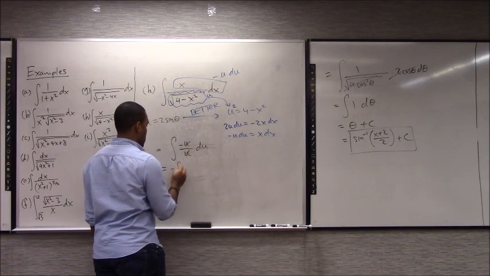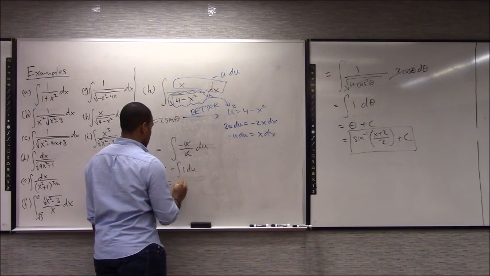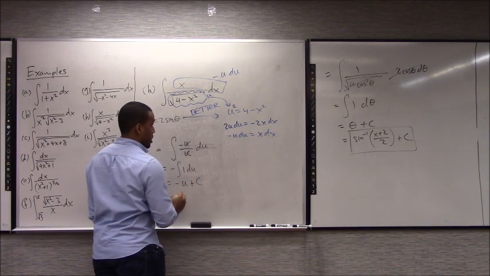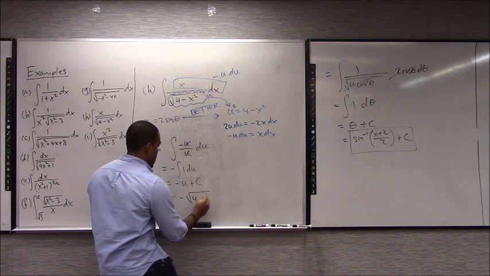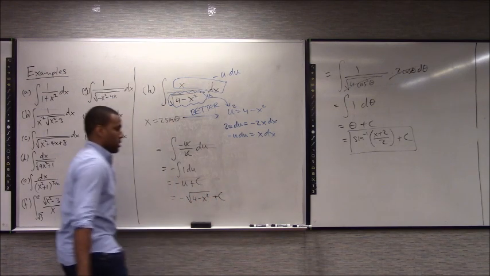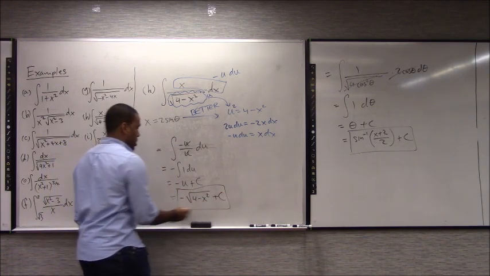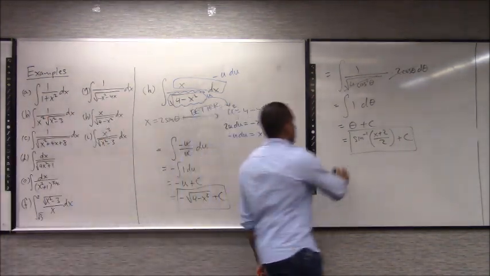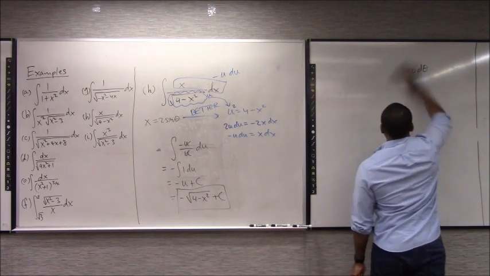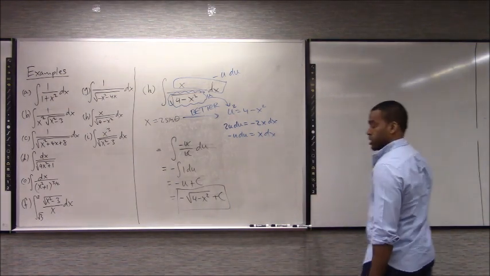You just get minus 1 du. It's minus u plus c. And what is u? Well, it's the square root of 4 minus x squared, plus c. Regular u substitution is better here, by far. You can try doing a trig sub and compare, but the regular substitution is going to be nicer.